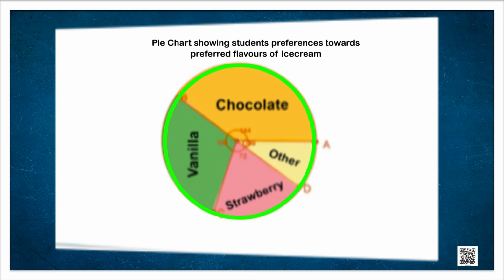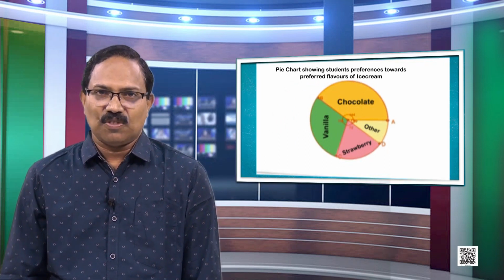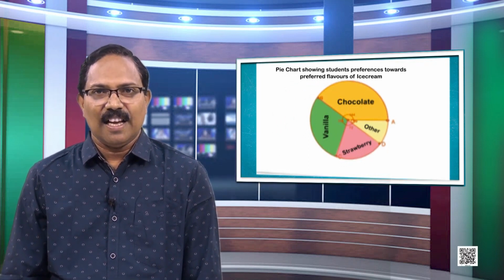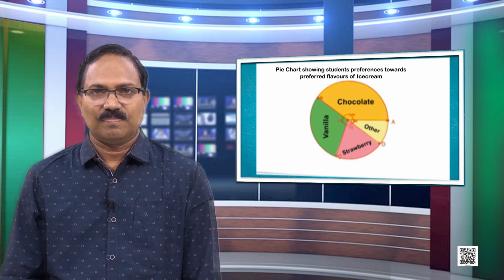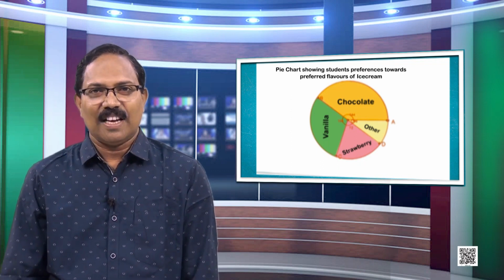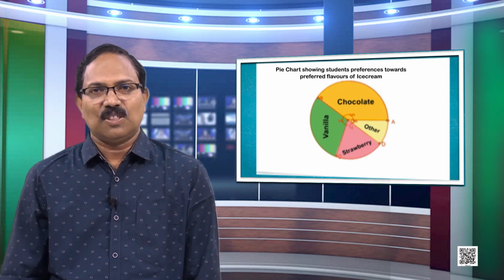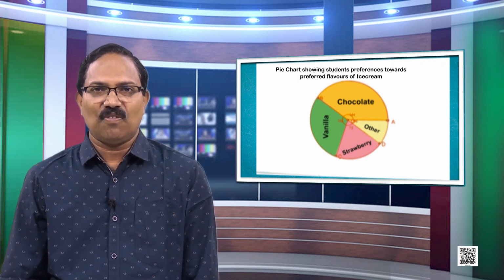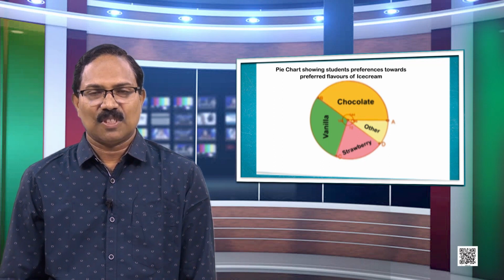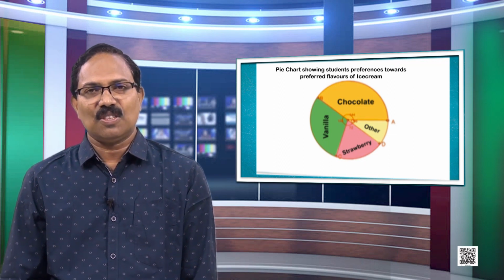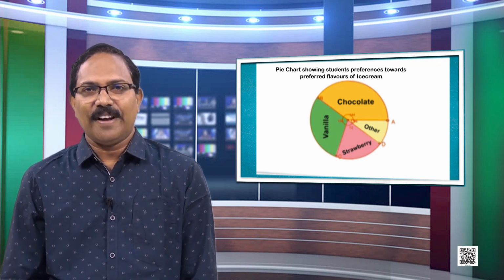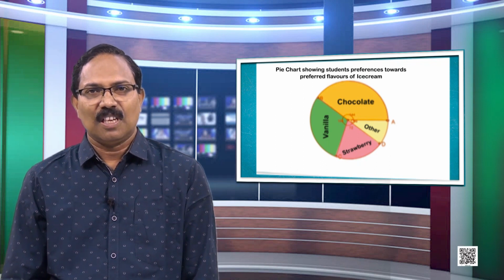So, this is how you represent the choice of flavors of students in a pie chart. So, we get a pie chart of the student preference for different flavors of ice cream. Students, have you understood how to draw a pie chart?